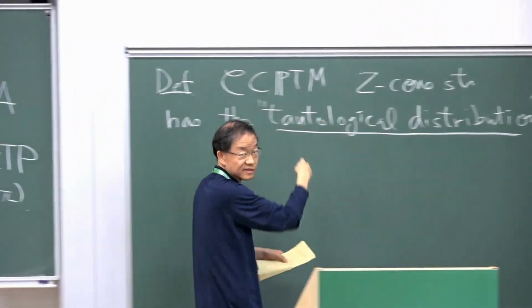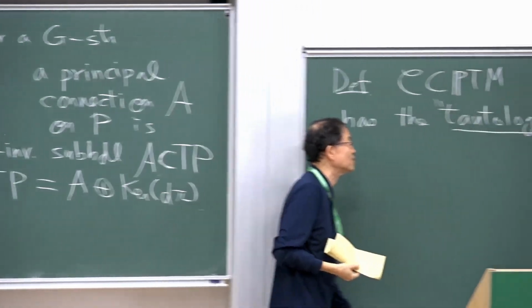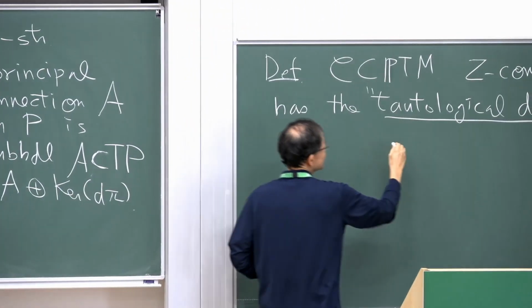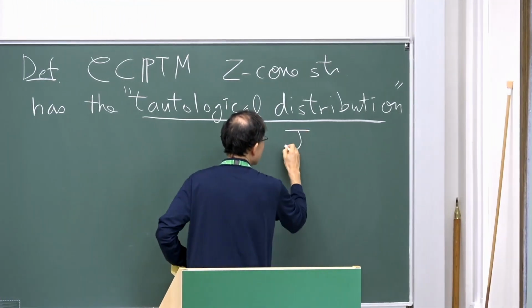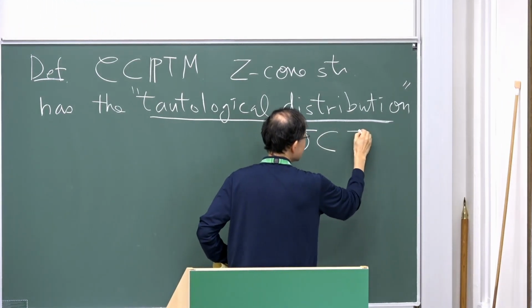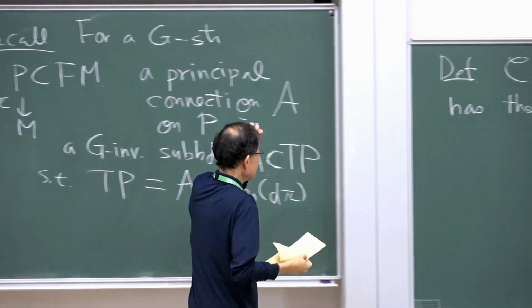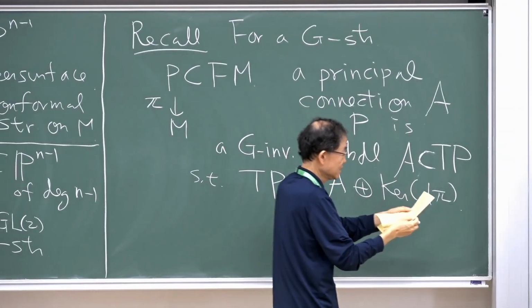Whenever you have a cone structure, there's a natural tautological distribution, and I will use the notation J. So this is a distribution on the cone structure, and it is defined by the following.